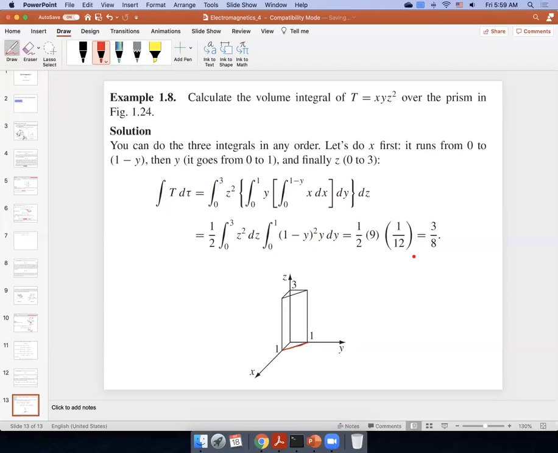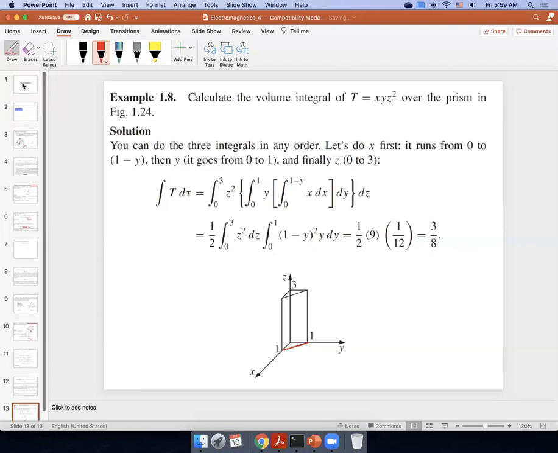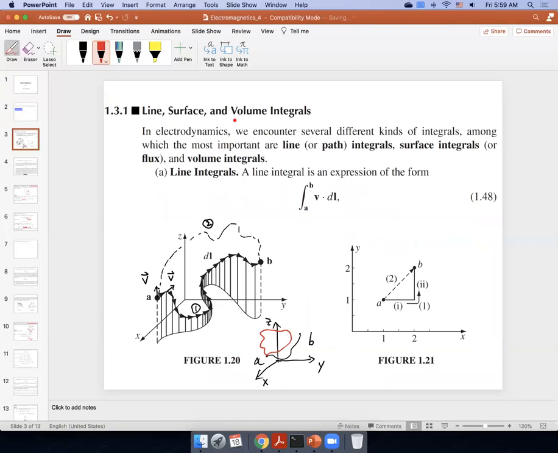Okay, so that's all for the integrals, including line integrals, surface integrals, and volume integrals. Before this lecture, we suppose you are already very familiar with the basic line integrals for scalar functions, and you're also familiar with surface integrals for basic scalar functions.